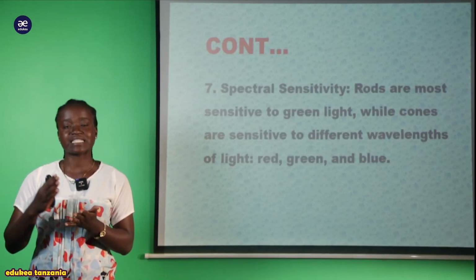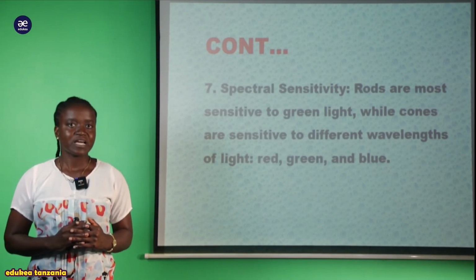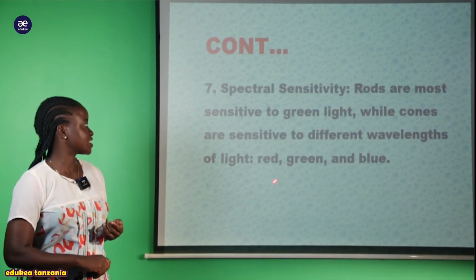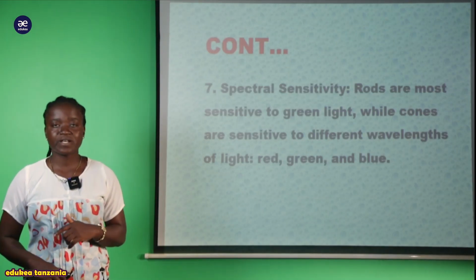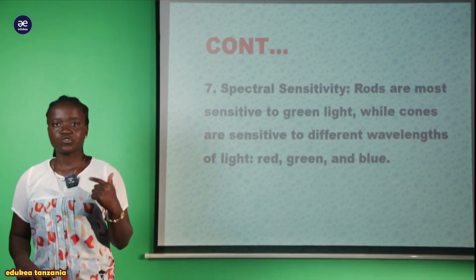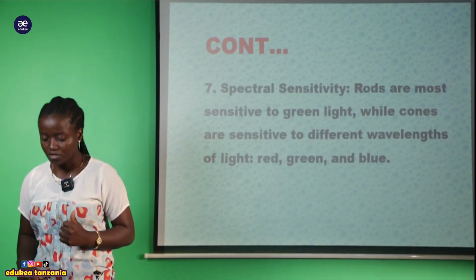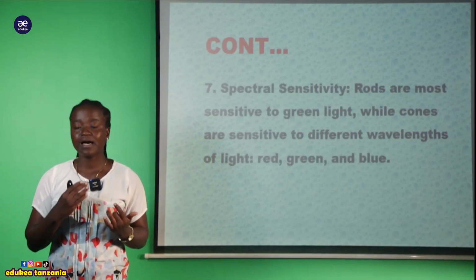Tukisema spectral, meaning the different kinds of colors which are found within our environment. So the cones, you have the ability to detect the presence of red, the presence of green, and also the presence of blue. It is due to the presence of this structure which is called the cones, which are found within our eyes.